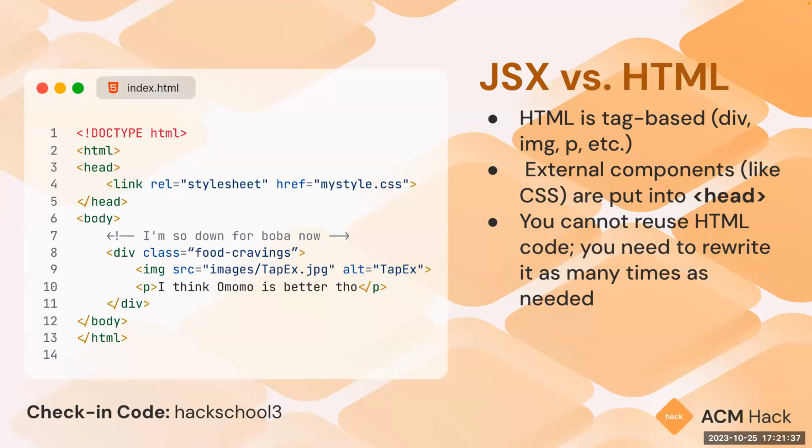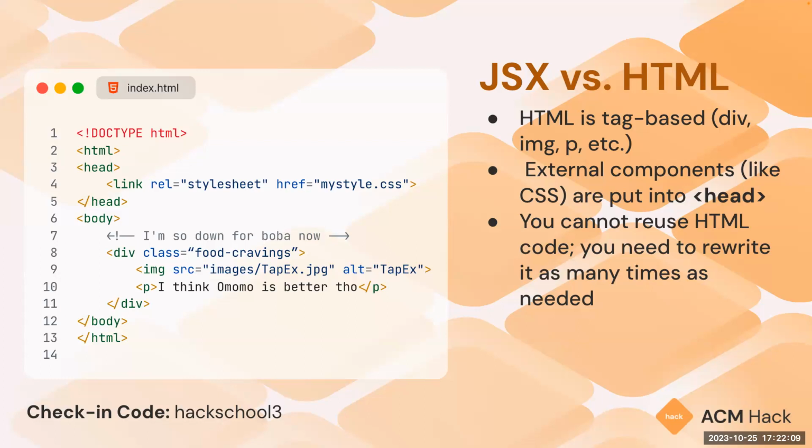HTML is stack-based. External components go into the head. As we make the nav part, we can go into the tags. You cannot reuse them. So once you make a body and you decide to have the same component, let's say you make a card or a box using HTML, you can't just reuse it.